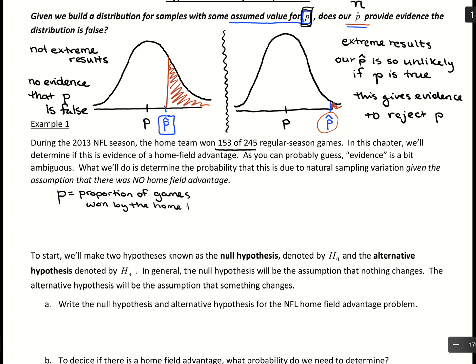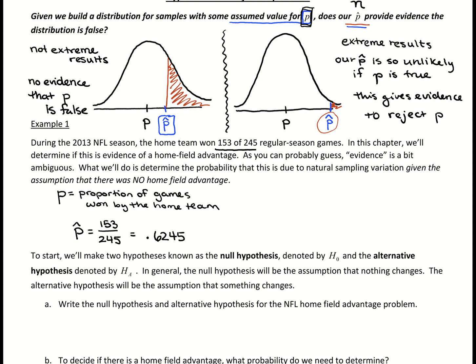And then what we have is this sample statistic for the 2013 NFL season, where we saw 153 out of 245, which as a decimal is 0.6245.